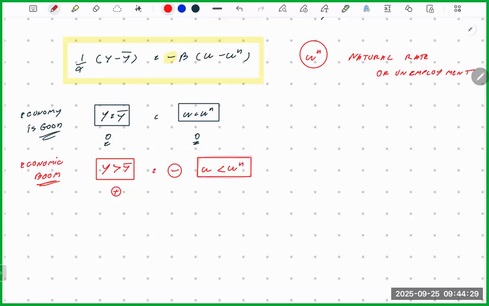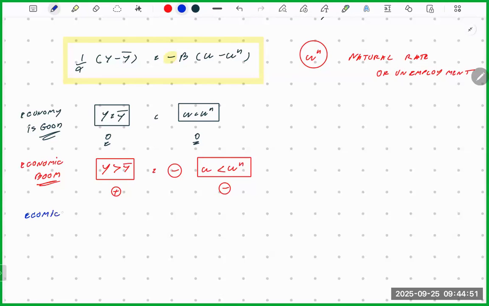If U is less than UN, the bracket is minus, and minus becomes plus. So when the economy is very good, Y greater than Y bar, unemployment is very low, even lower than the natural rate. You got it?